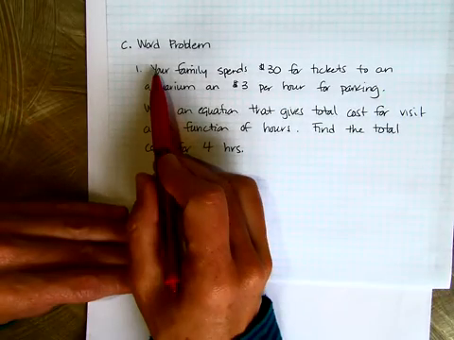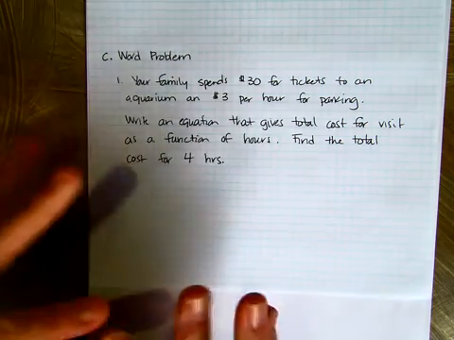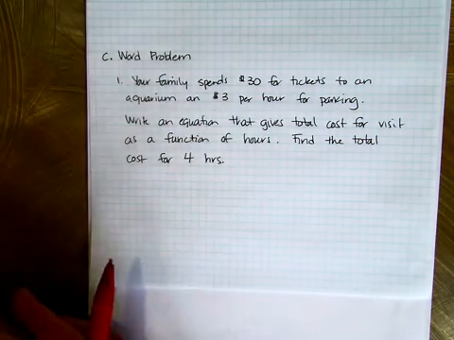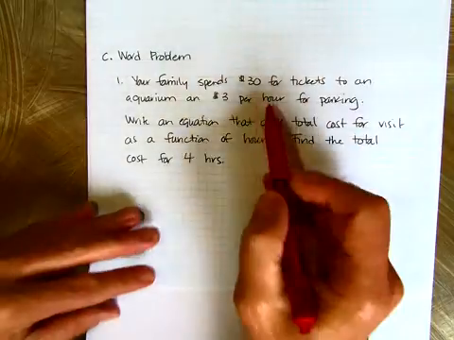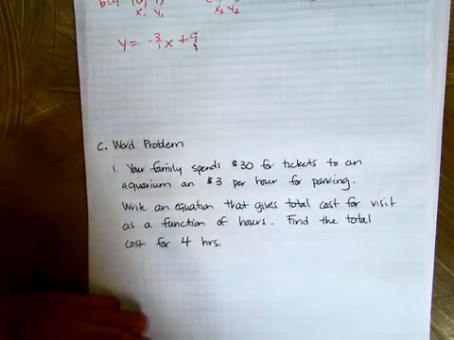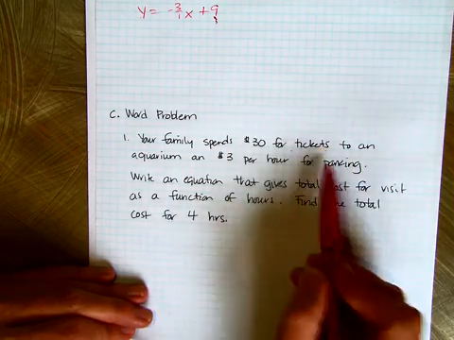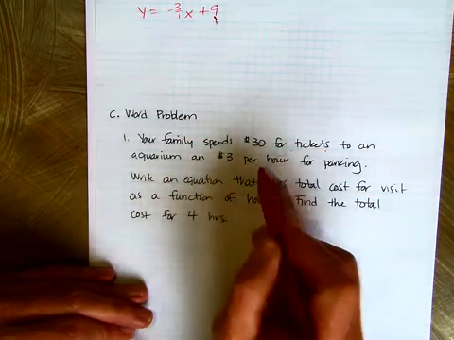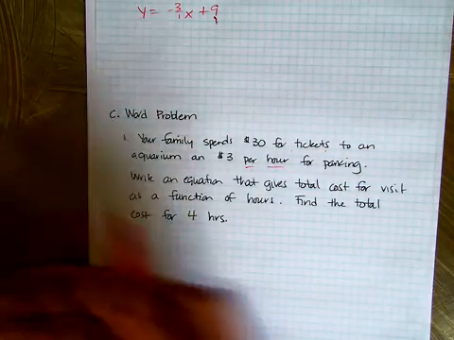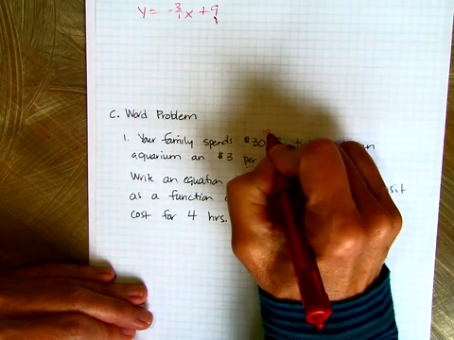So here's a word problem. These are very straightforward linear functions where we have some rate of change and some initial value. So your family spends $30 for tickets to an aquarium and $3 per hour. There's your rate. So here's your sort of initial value.